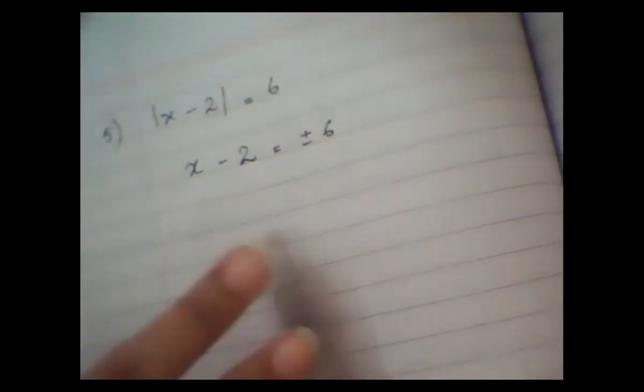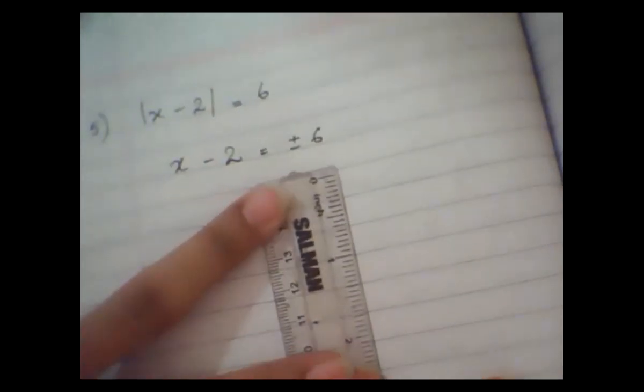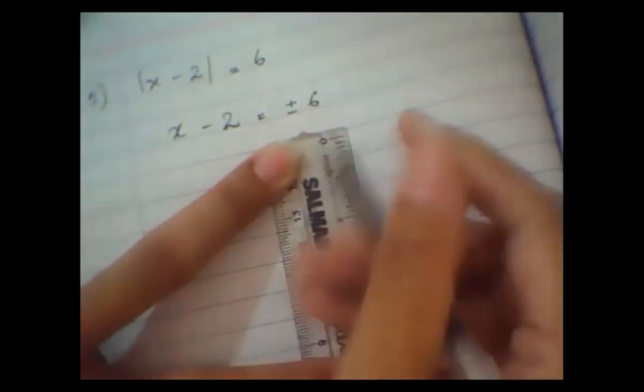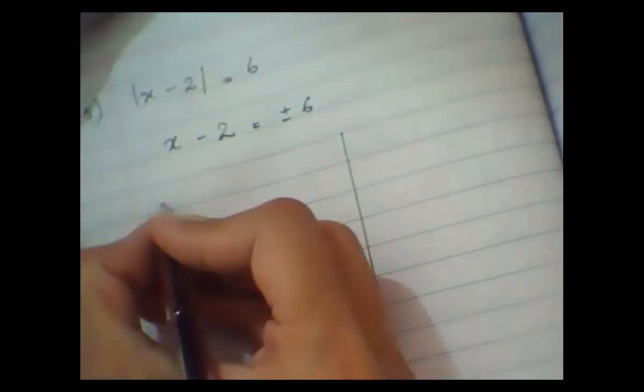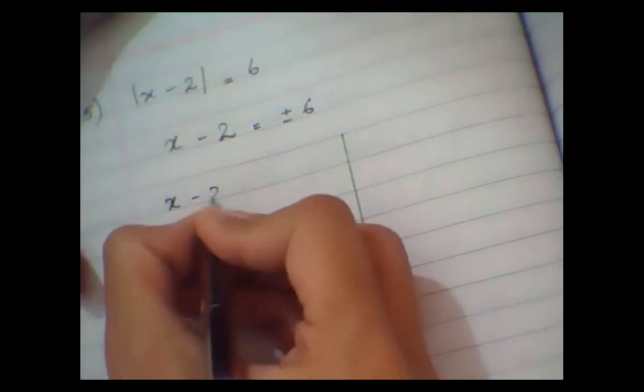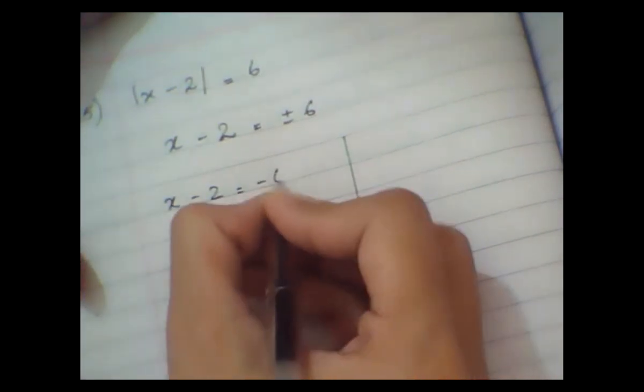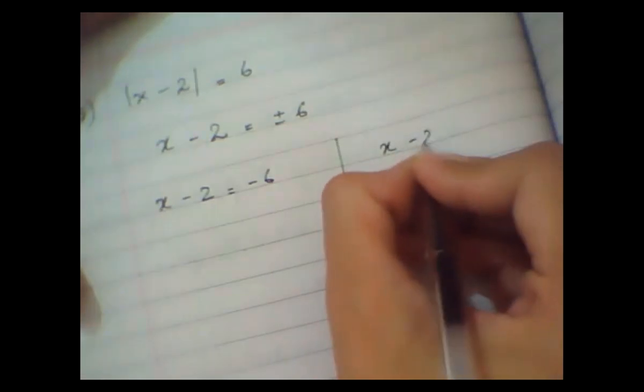Then what I have to do, beta, I have to draw the line in the center, and then I have to write x minus 2 is equals to minus 6, and x minus 2 is equals to plus 6.